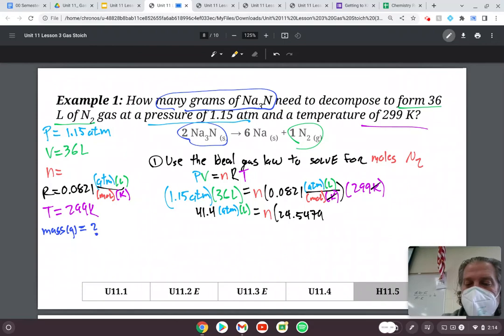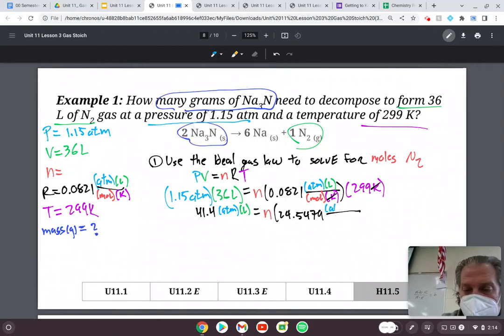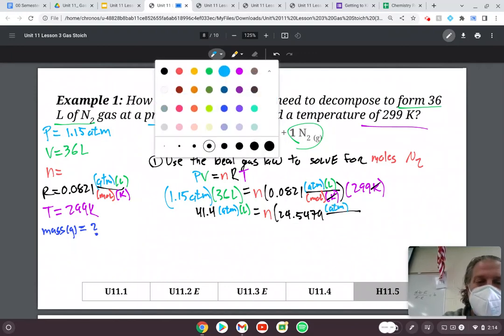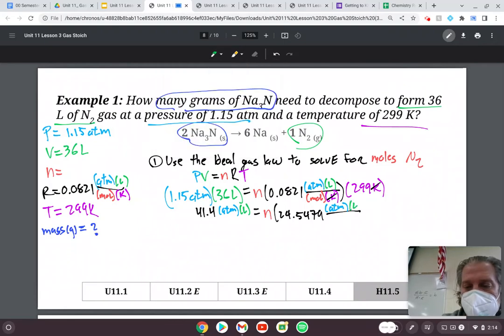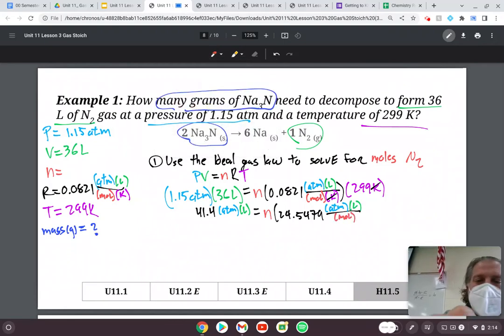In this problem, the Kelvin cancels out.